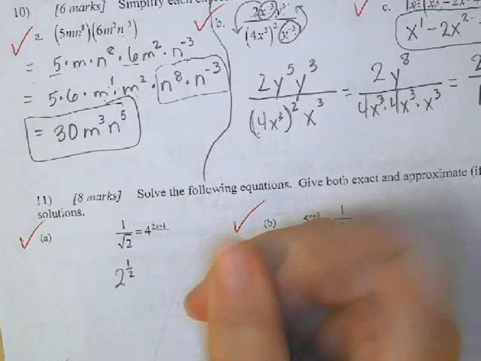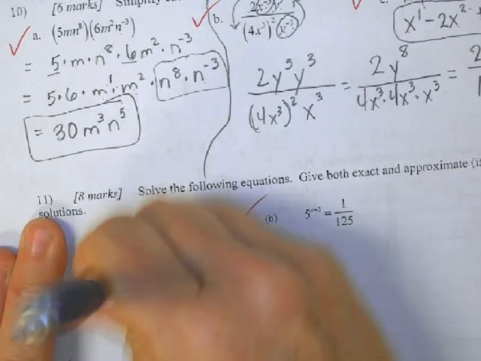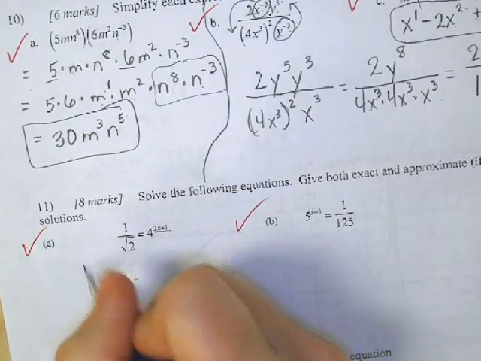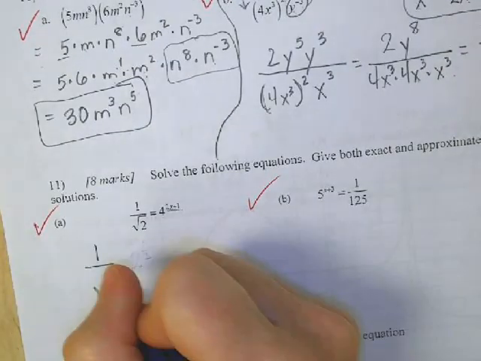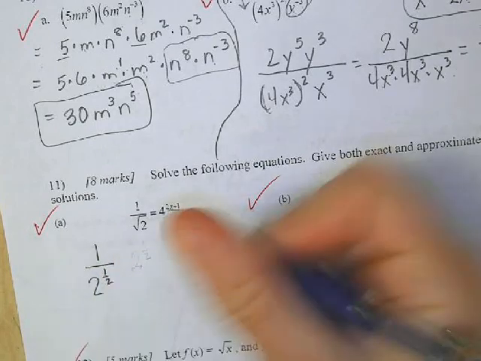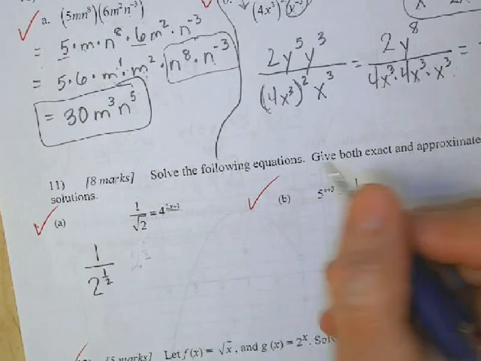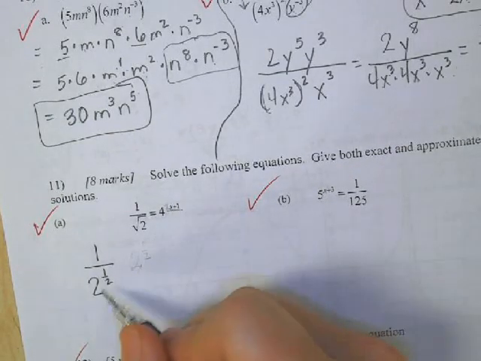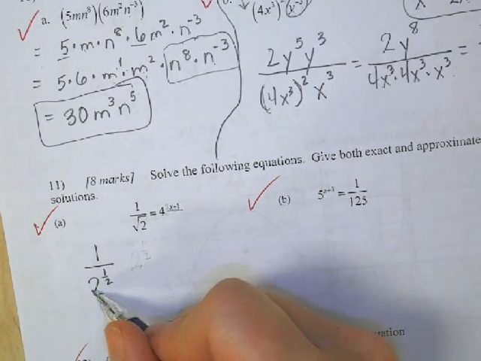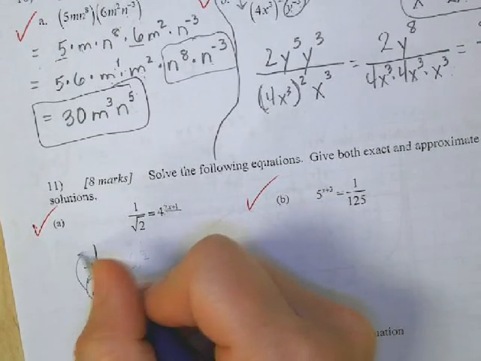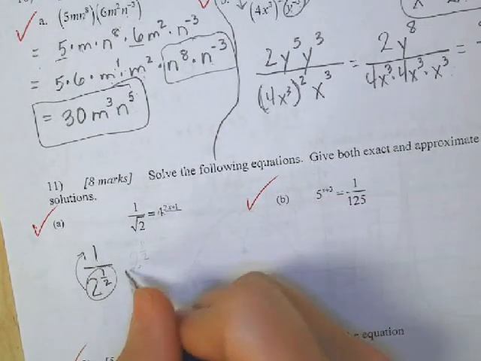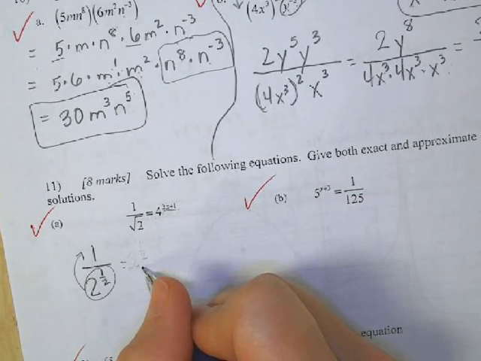So I have 1 over 2 to the 1/2. Roots can be written with fractional exponents. And let's keep going on this. To move this to the top, I can change my exponent to negative. So that's the same as 2 to the negative 1/2.